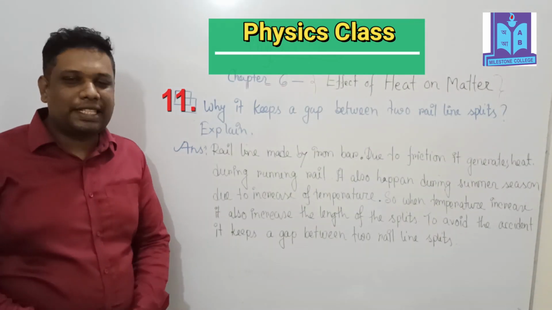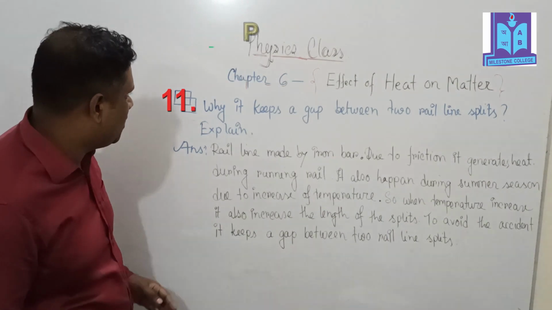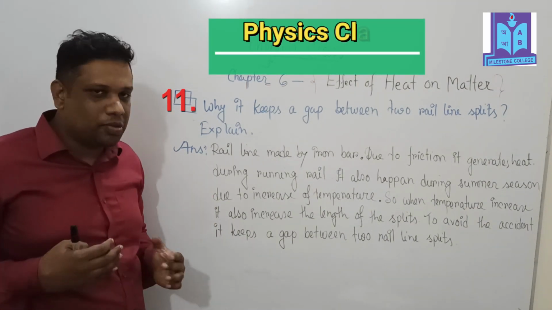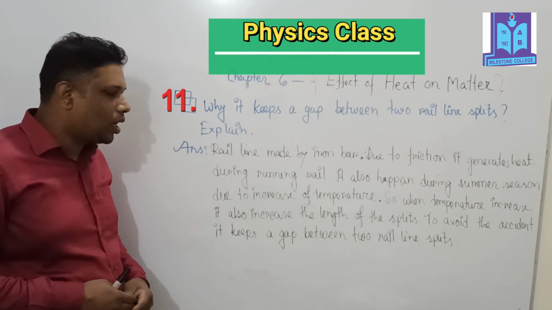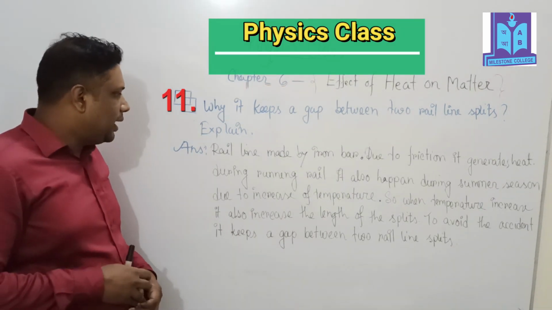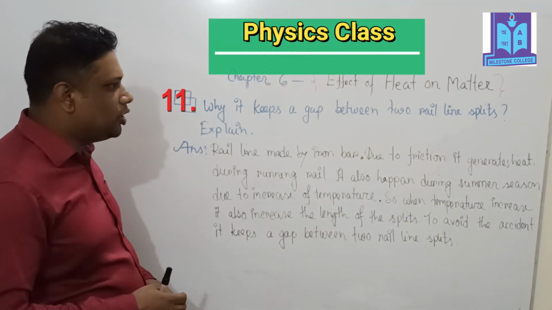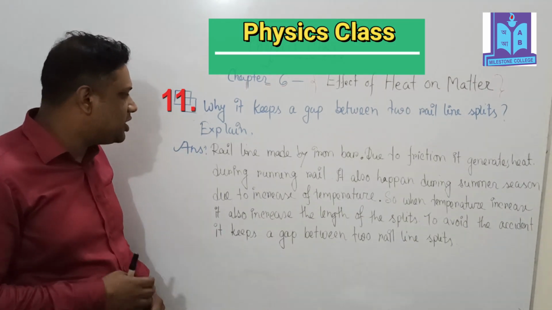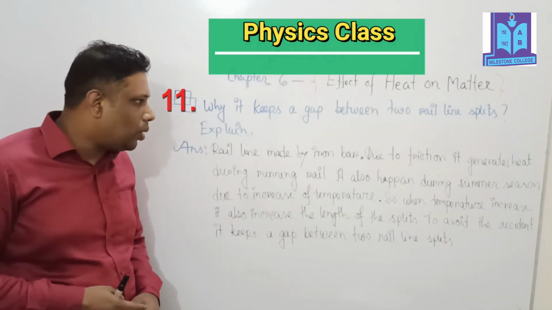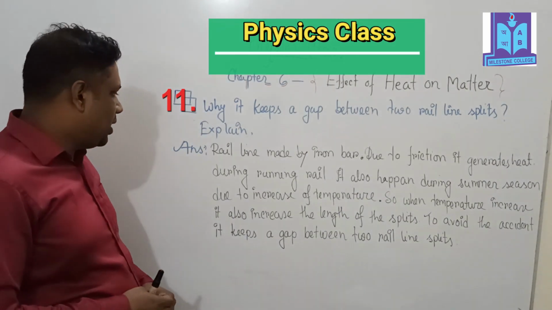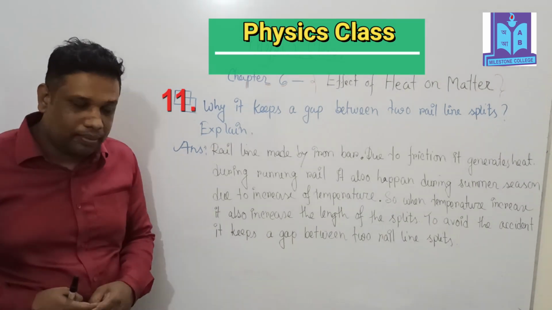So my dear students, this is our next question, which is: why is a gap kept between two rail line splits? Explain. So here is the answer. Rail line is made of iron bar. Due to friction, it generates heat while the rail is running. It also happens during the summer season due to the increase of temperature.